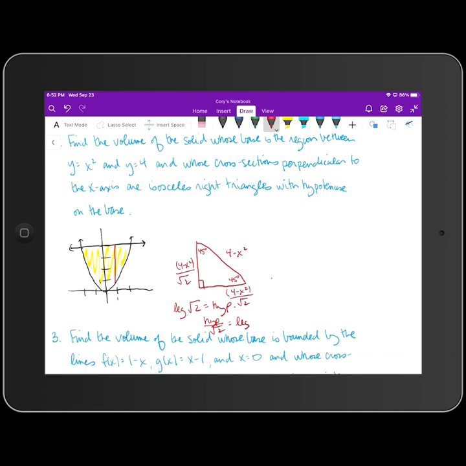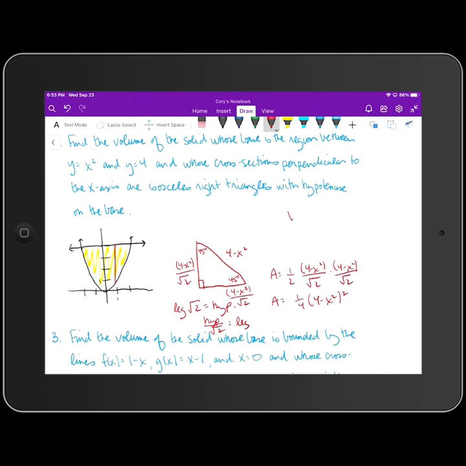So if we want to calculate the area of that triangle, it's going to be 1/2 the base, which is 4 minus x squared over rad 2, times the height, which is 4 minus x squared over rad 2. So the area there is going to wind up becoming 1/4 times the quantity 4 minus x squared squared. Okay, and again, the thickness of the cross section is a change in the x direction.